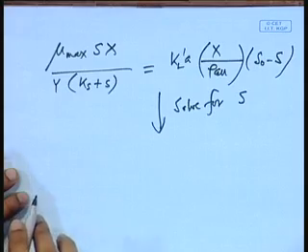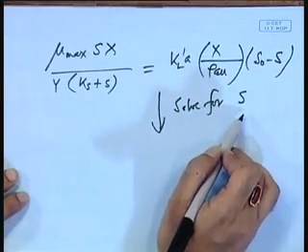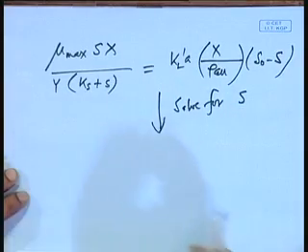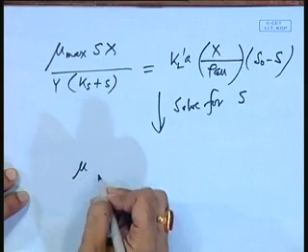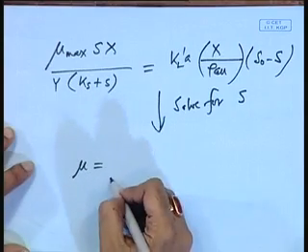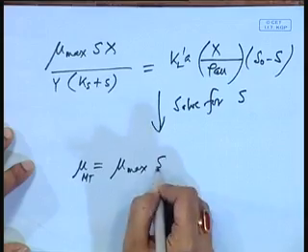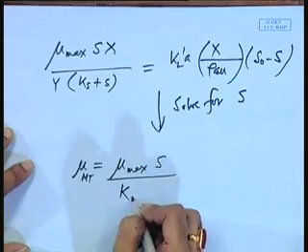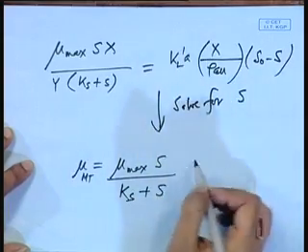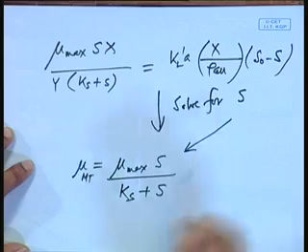Okay, is it clear? Solve for S using this quadratic equation, and the solution that you get, put it in mu. So mu mt, let's say, equals mu max S over Ks plus S. Put that solution that you get into this.